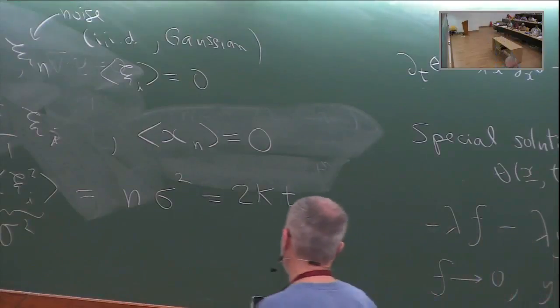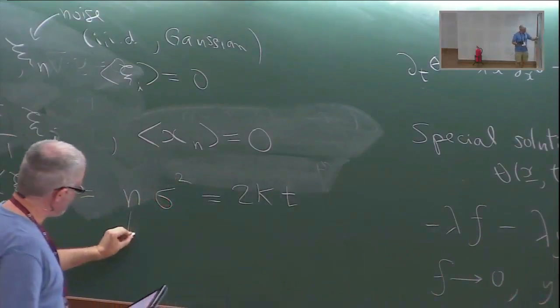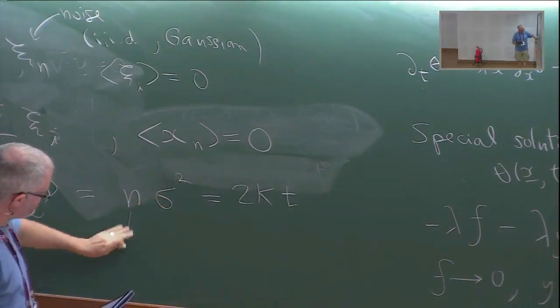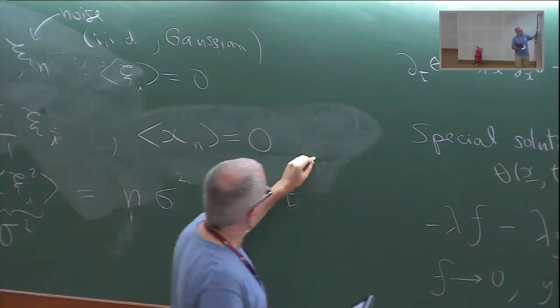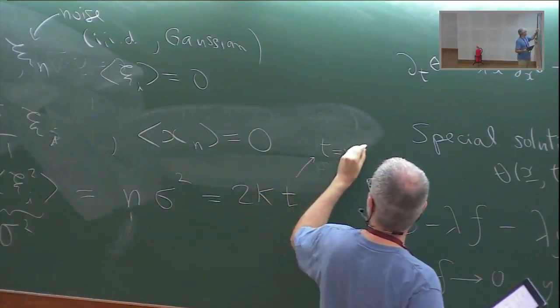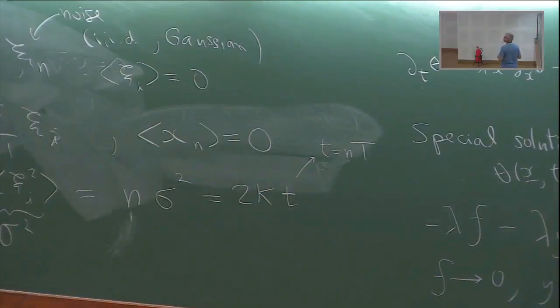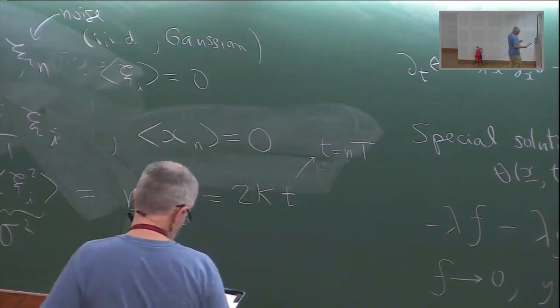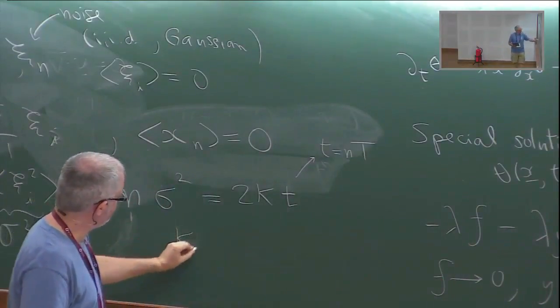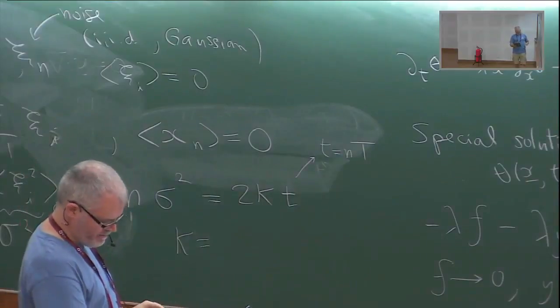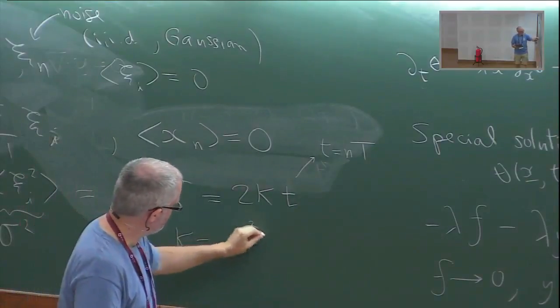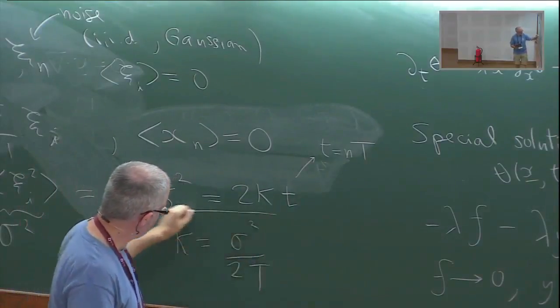And then I can just use the fact that my time is n times some period between each of these steps, right? And then I solve for kappa, or for k, sorry, and I get that k is sigma squared over 2 tau.